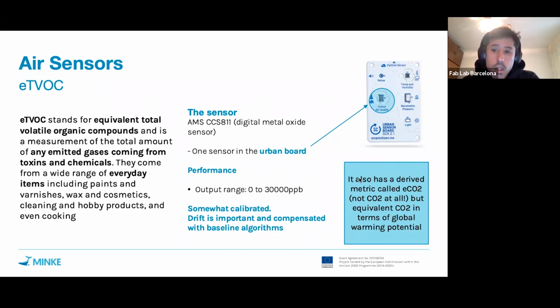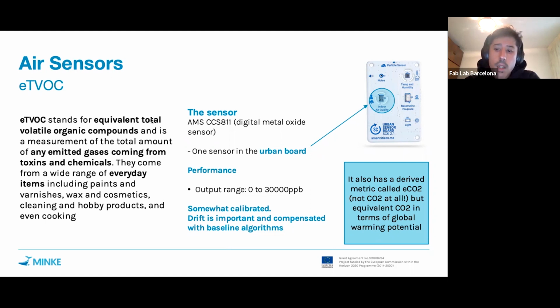It also gives a metric called ECO2, and there E stands for equivalent, and is very important because it's not CO2 at all. What we are measuring is a derived metric that comes from the total volatile organic compounds, and that is the equivalent CO2, or the amount of CO2 that would cause the same global warming potential.